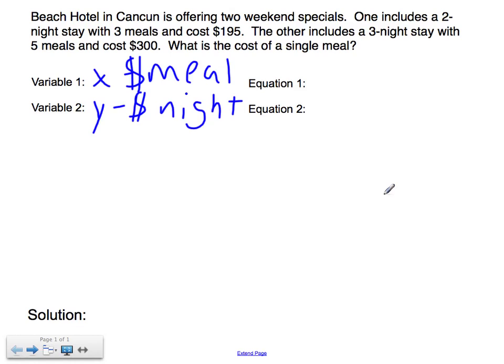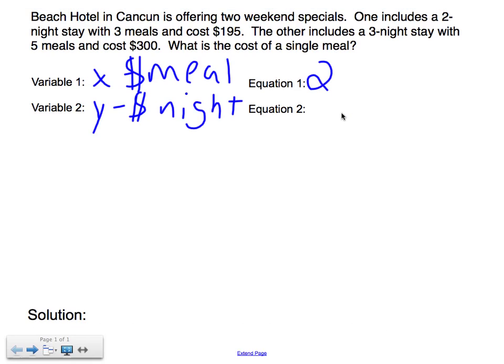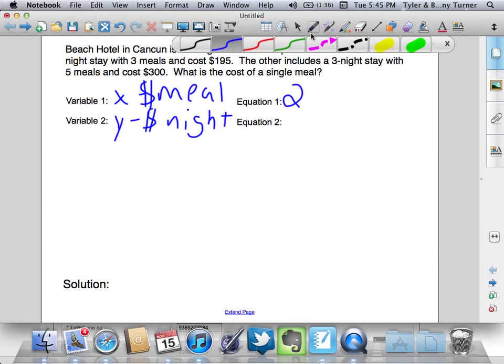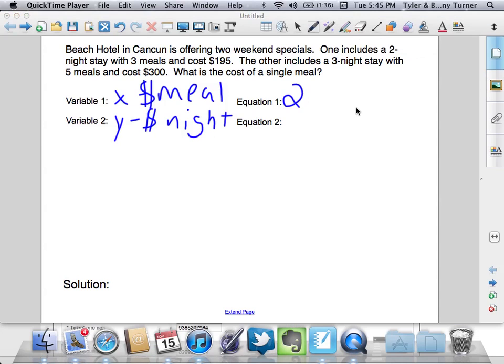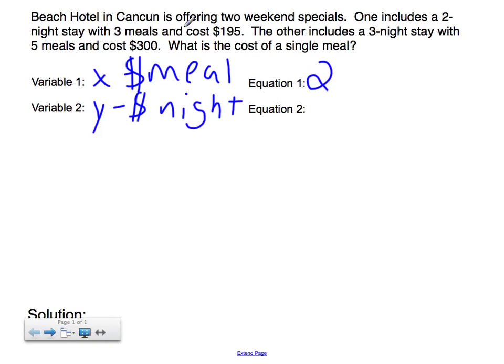The second sentence says one of the specials includes a 2-night stay, which we will represent with y as nights, so we can say 2y, technical difficulties here, there we go, 2y and 3 meals.